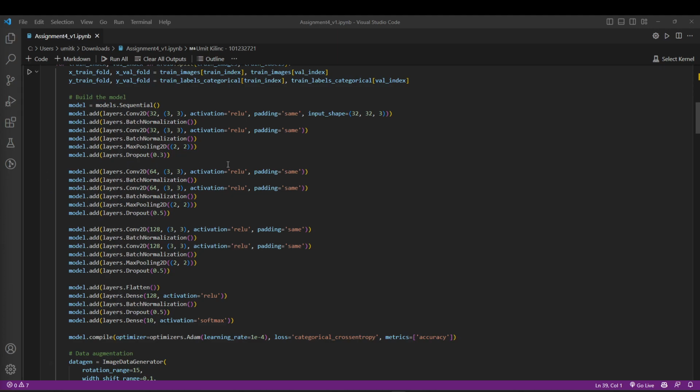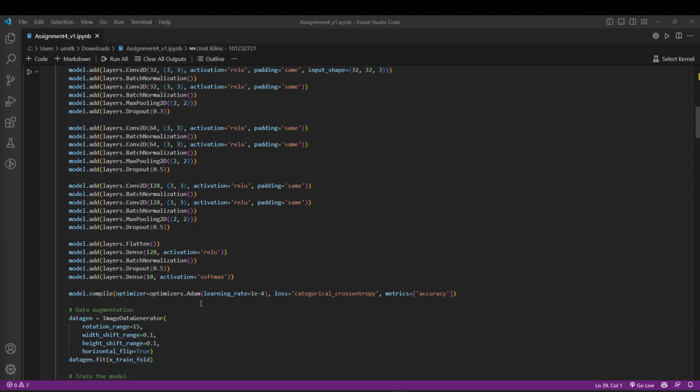We have our dropouts here, and then batch normalization. We also used max pooling 2D as well. The model is also compiled using the Adam optimizer with a learning rate of 1e-4 and categorical cross entropy for loss. And our metric is accuracy.